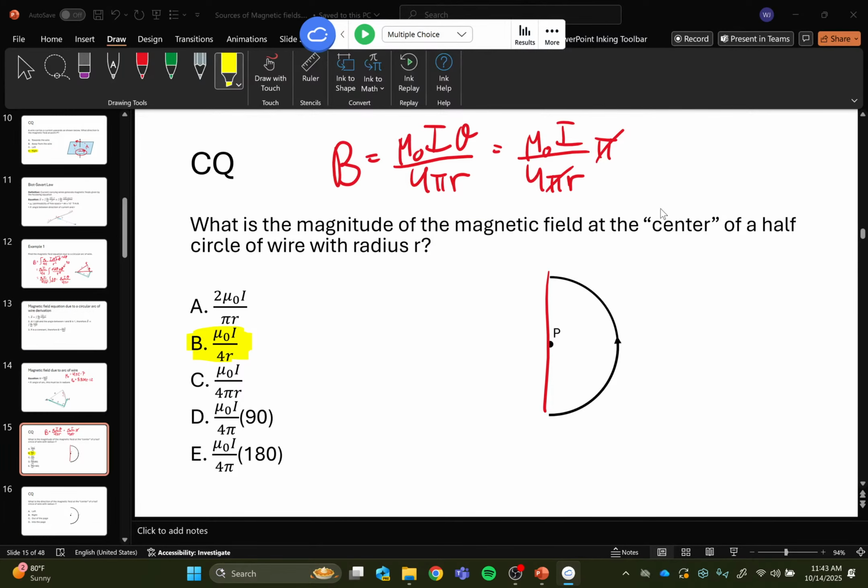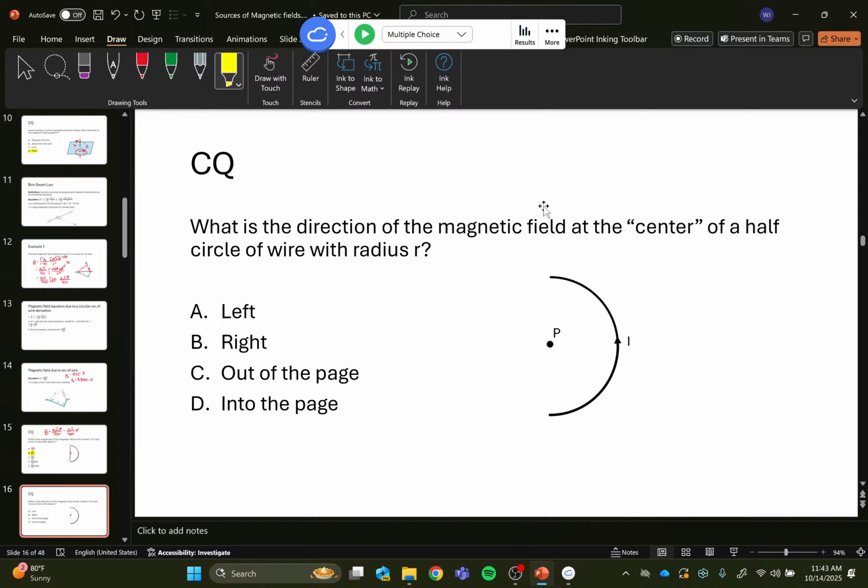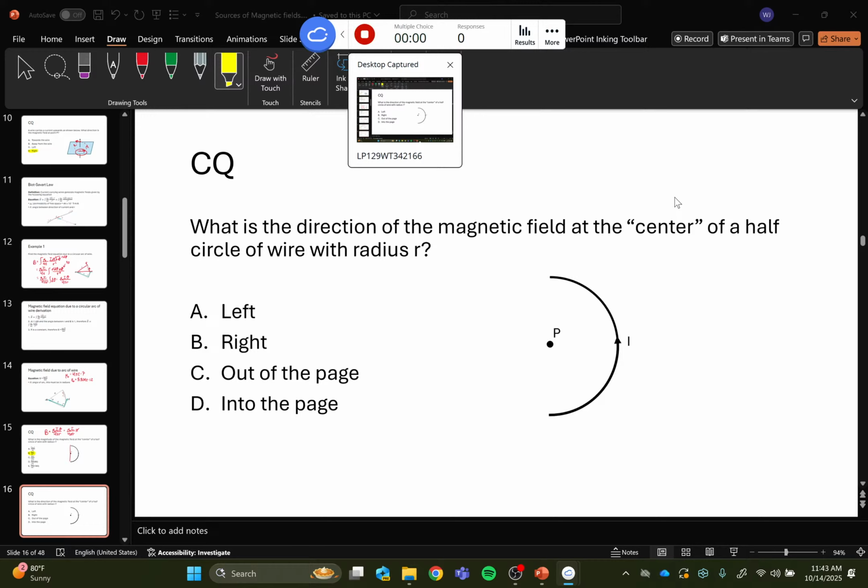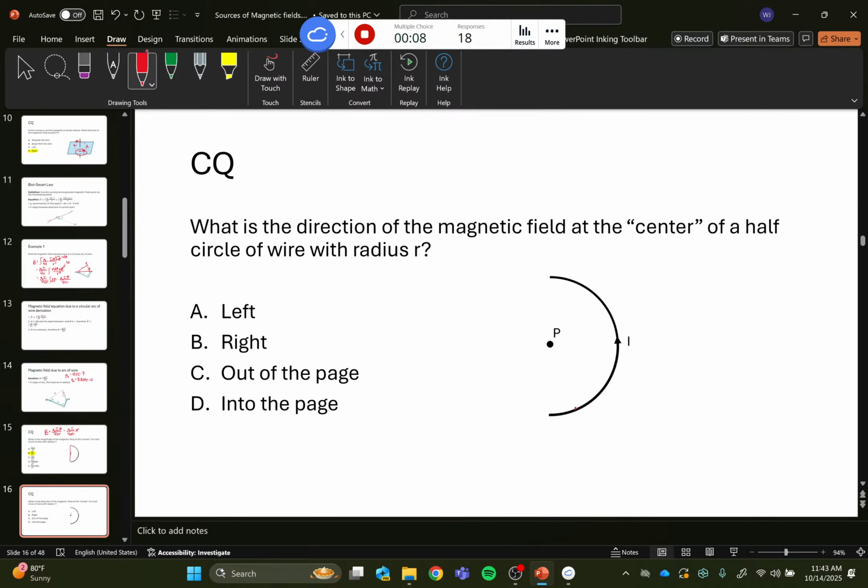All right, great. Next problem. Told you, one more. What is the direction? Hint: pick a couple pieces on this wire. You might need to pick more than one piece because it's a curved wire. So pick a few pieces. Find the magnetic field at each piece, and then add them together at that point.